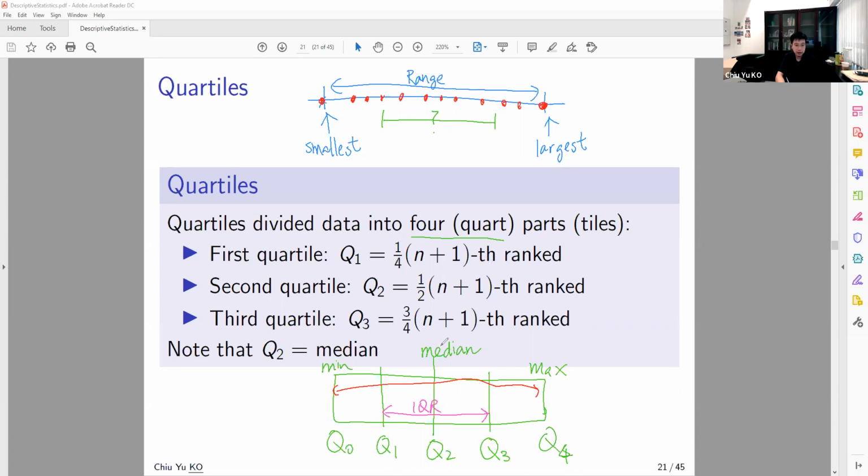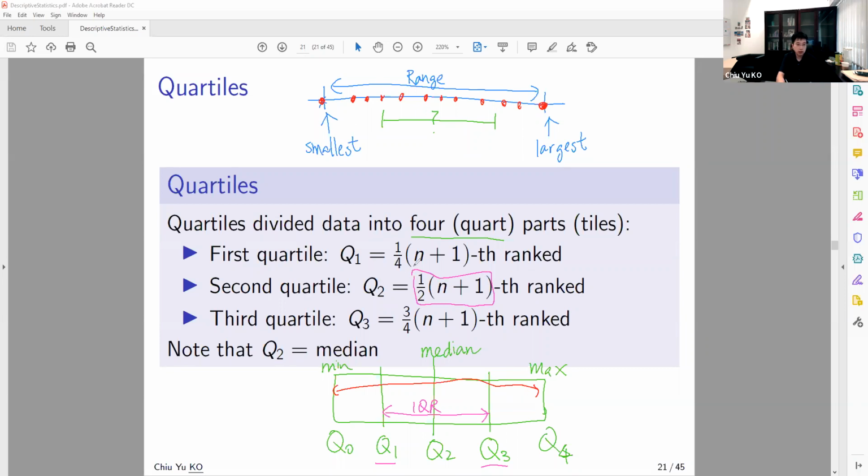And as we said intuitively, we find a median and look at the median again, and here the median again, right? But this is only one way to figure out the first quartile and the third quartile. A more formal definition, remember, median is defined as the half of n plus 1 rank data.